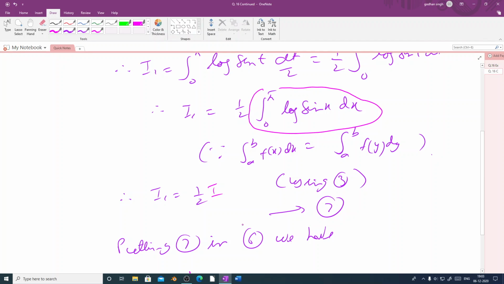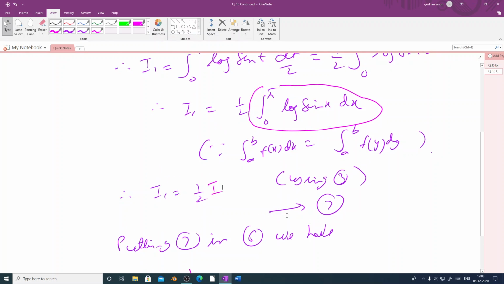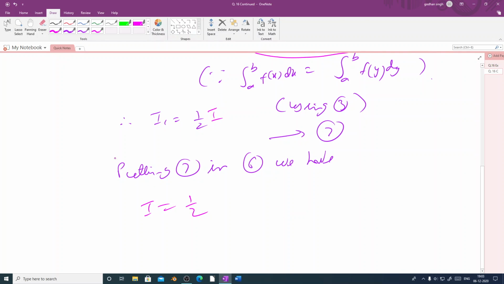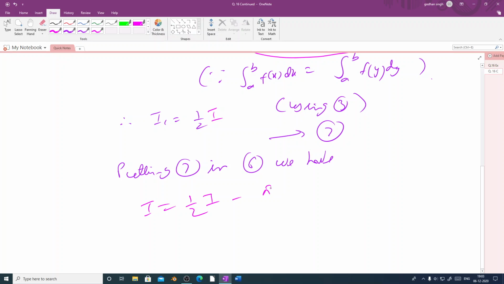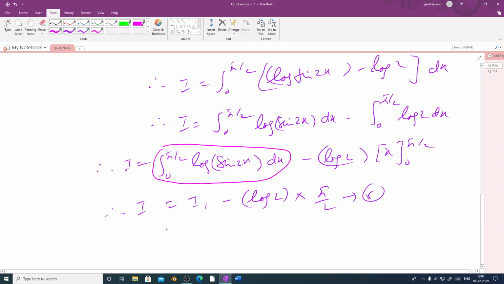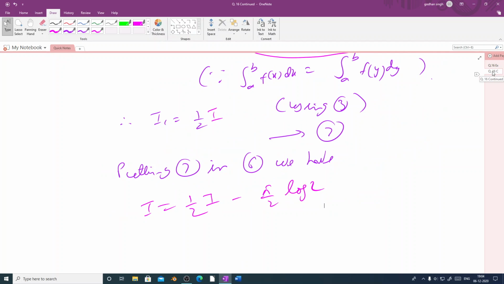So I equal to half I, minus log 2 into pi by 2, minus pi by 2 log 2. Let us see whether we have written correctly or not. I equal to I1 is I by 2 minus log 2 into pi by 2. So we should have I equal to I by 2 minus pi by 2 log 2.